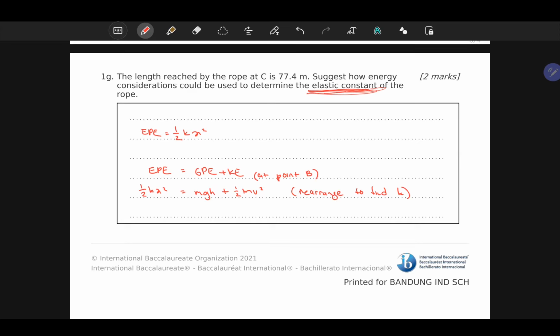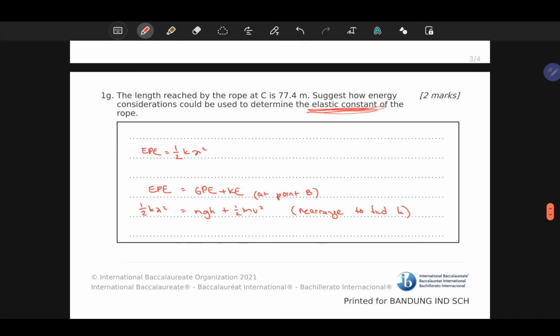I've never done that in my exam before, and I don't think I will. I think I'm just going to write in full sentences just to make sure. But this is the content that you need. Basically, you need to show that the elastic potential energy is equal to this, right? And we need to use what we derived from the previous question to find the elastic constant, which is k. So there you go.